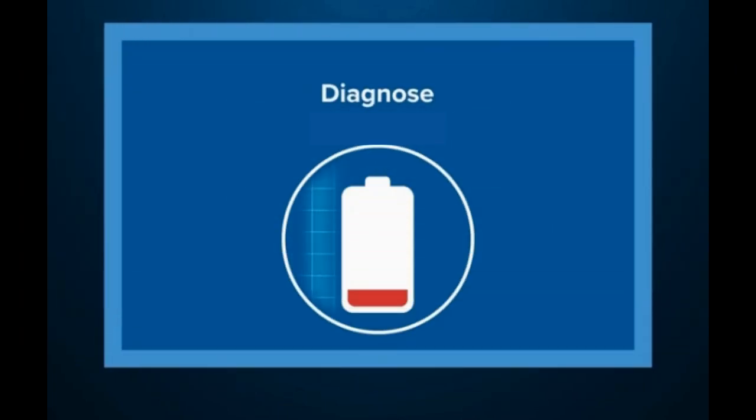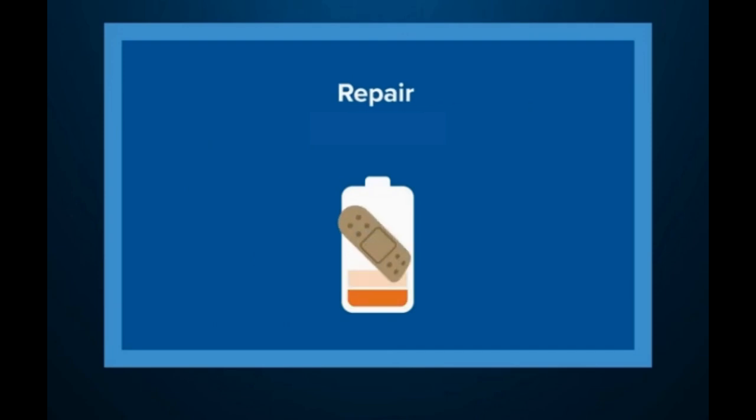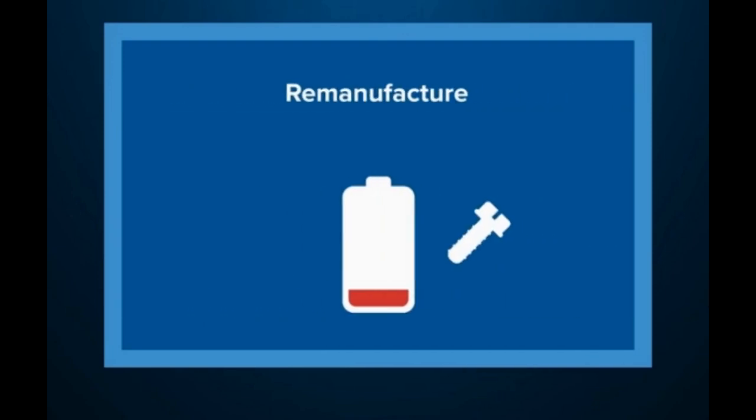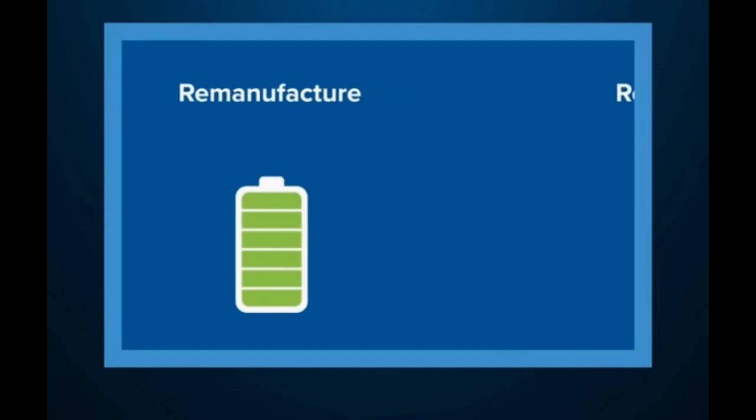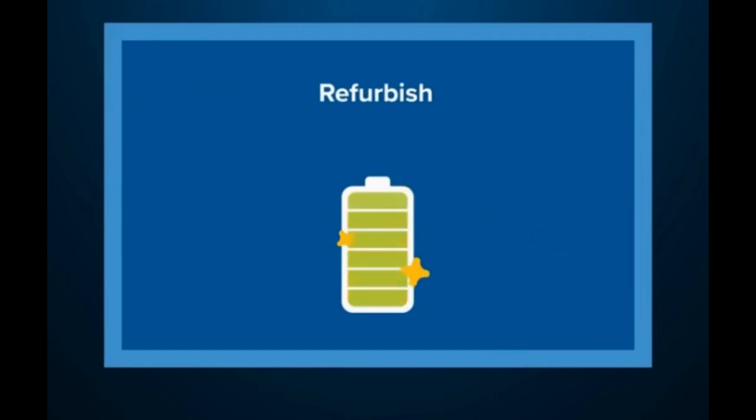Potential second life applications include repurposing EV batteries as stationary energy storage, such as providing backup power for homes or businesses. These storages can help to stabilize the electrical grid and reduce reliance on fossil fuels.